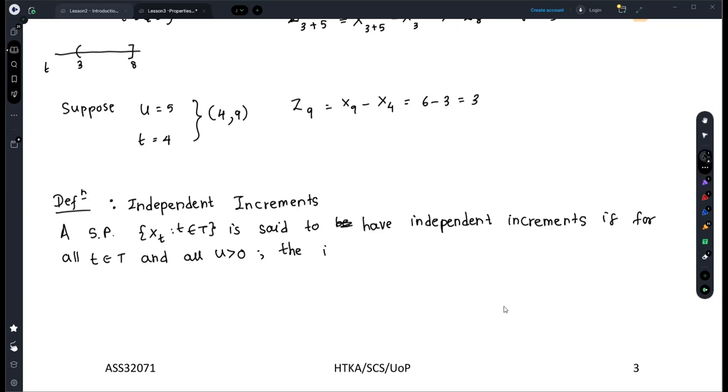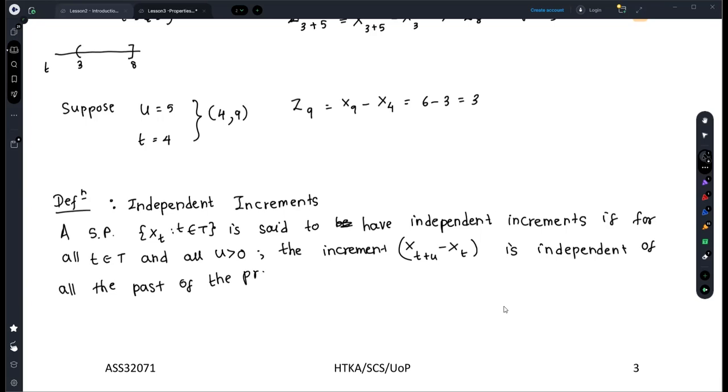If you take the increment, X(t+u) minus X(t), that is the increment, it's independent of all the past of the process.